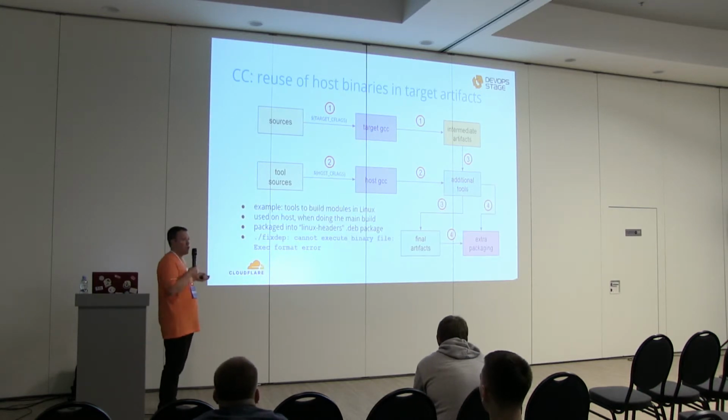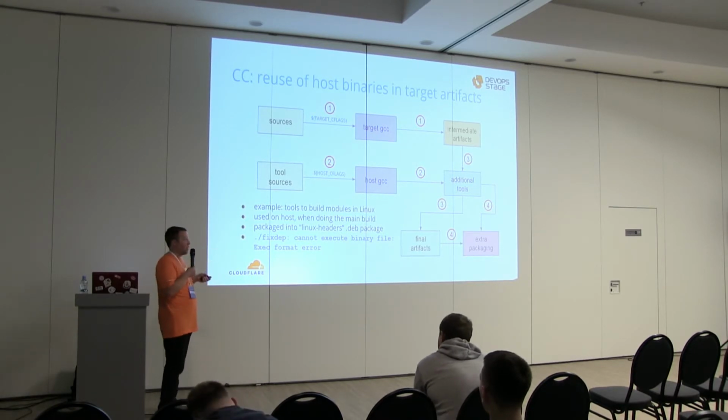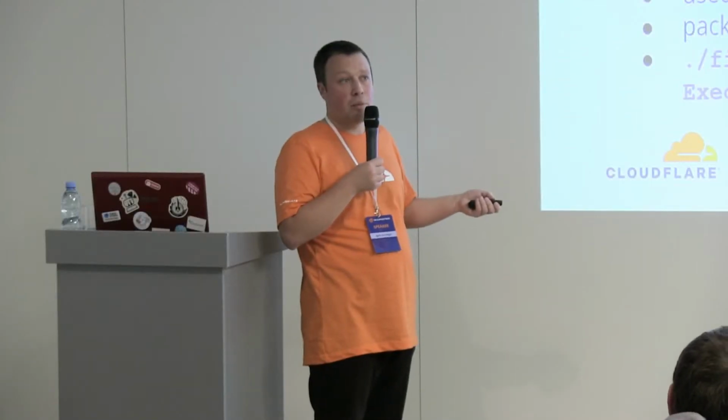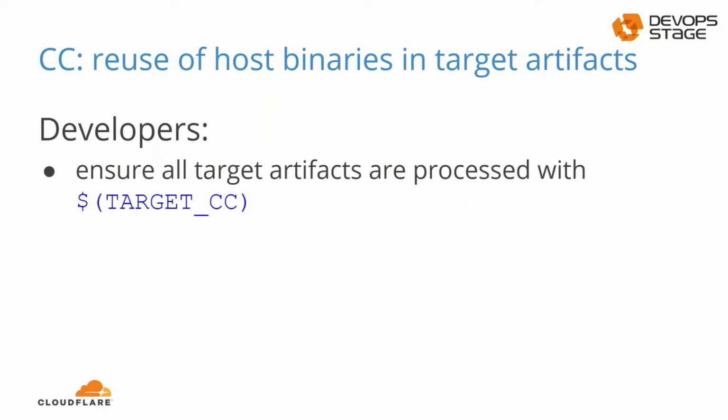You need it during the build stage to post-process the modules you're building, and also you need to package this tool into your Linux headers Debian package so you can later build third-party kernel modules on your target architecture. But unfortunately, the Linux build system packages fixdep compiled for x86 architecture into the ARM64 Debian package.